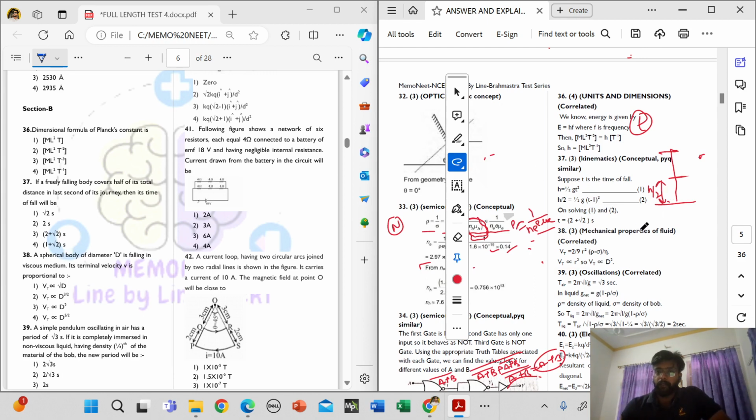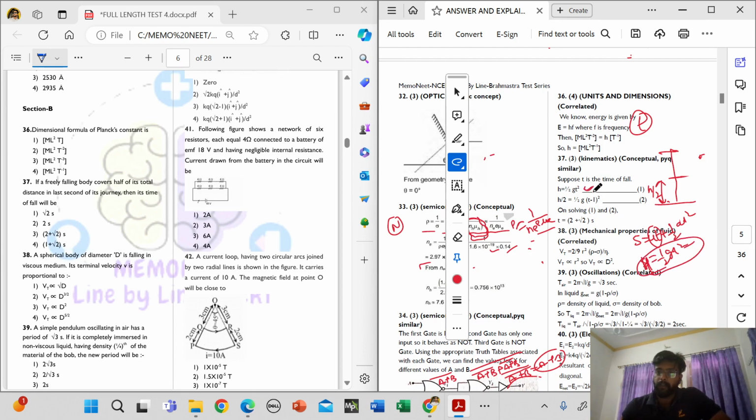So for the freely falling body, from the second equation we know that s is equal to ut plus half at square. For a freely falling body u is equal to 0, so we get s is equal to half gt square. Suppose we have a total height h.